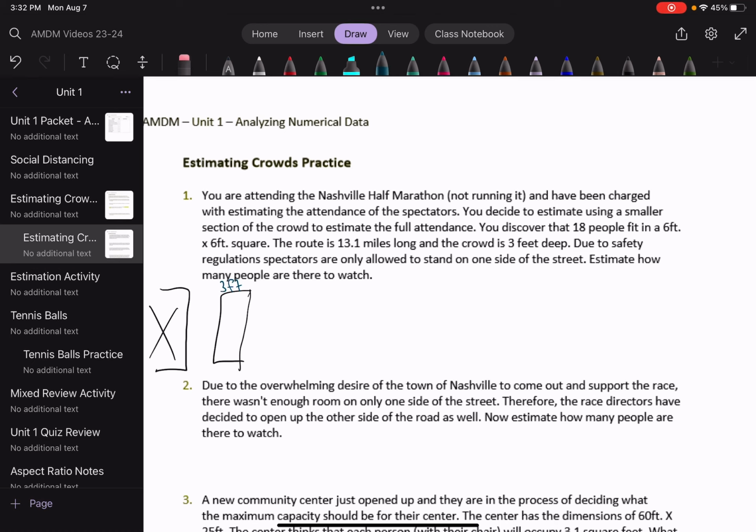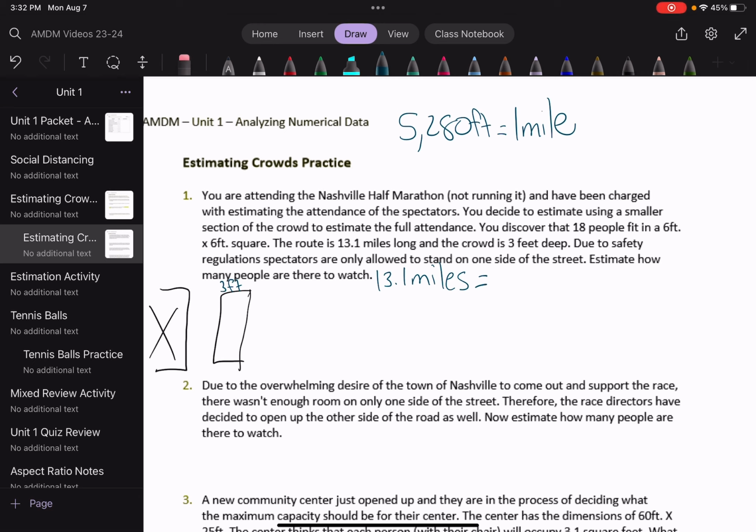So one conversion that you guys need to remember, we'll give it to you though, is that 5,280 feet is equivalent to 1 mile. Since our depth in this case is given to us in feet, we're going to want to convert that 13.1 miles into feet.